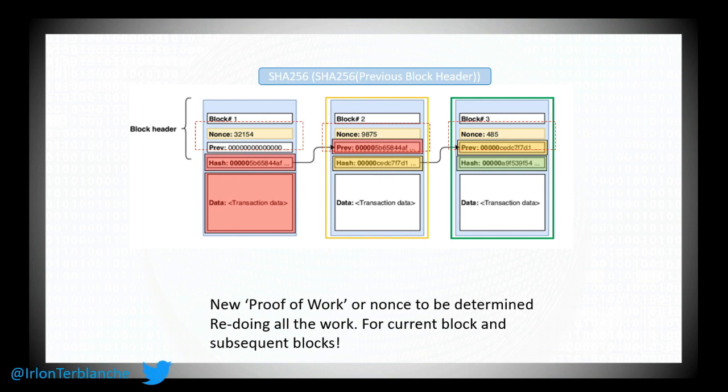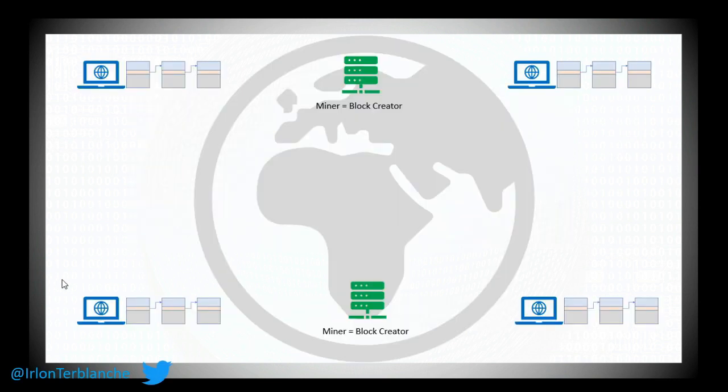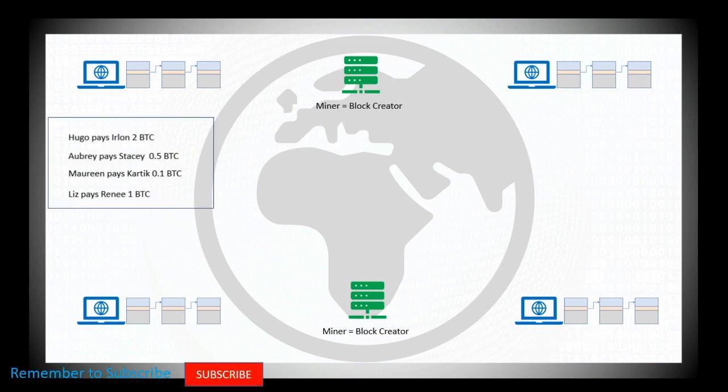All right, now what I want to do is quickly take you through some more visuals, because visuals are always great. Have a look at this. We have transactions being generated and payments being made between people on the network. These transactions need to be assembled into a block.